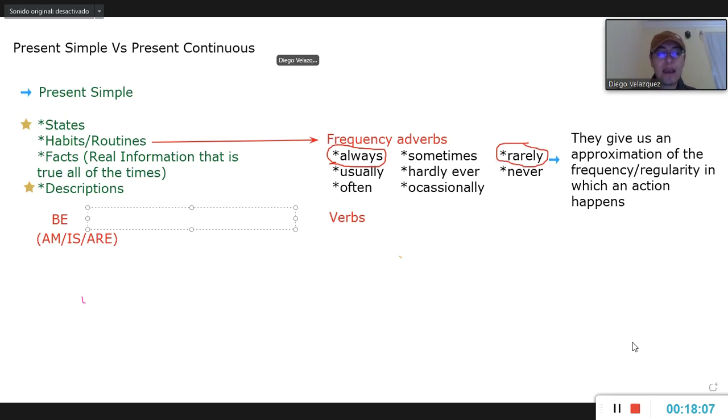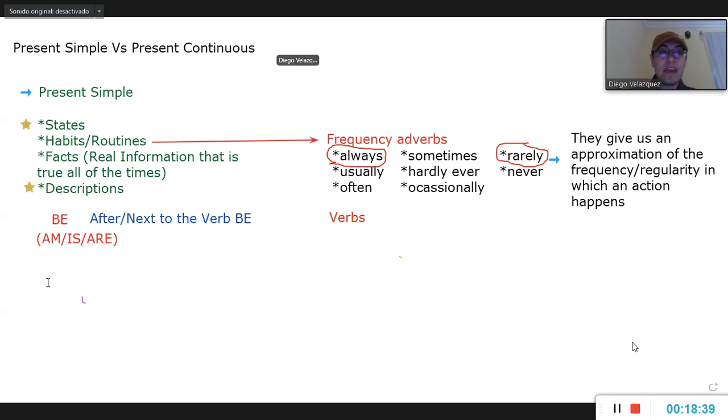But attention in here, guys. Always remember, when you use the frequency adverbs, always, usually, often, sometimes, etc., you need to use them next to the verb to be, after the verb to be.